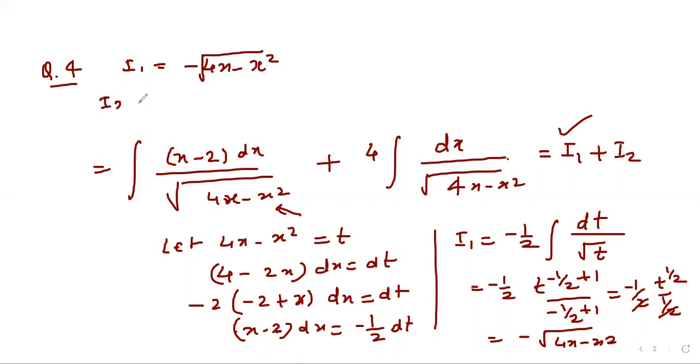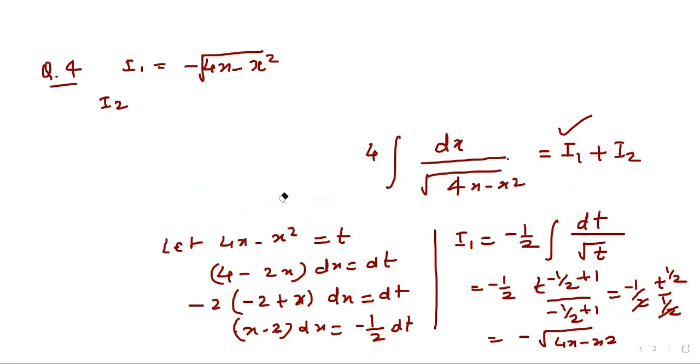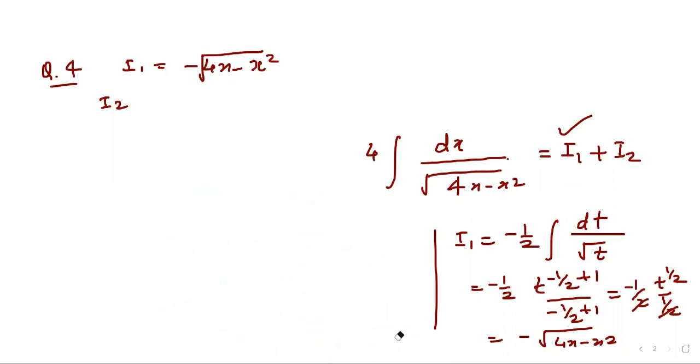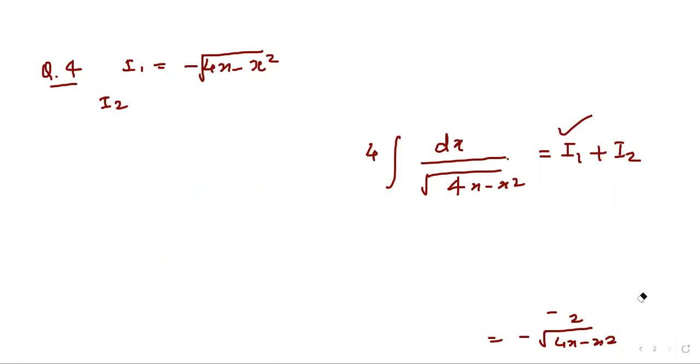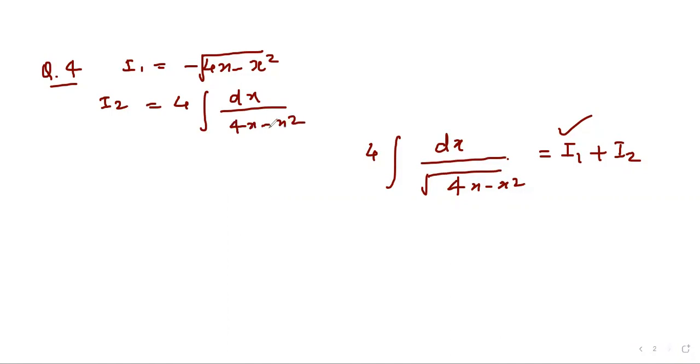Now we have to consider I2, and our I2 is 4 times integration dx upon root of 4x minus x square.